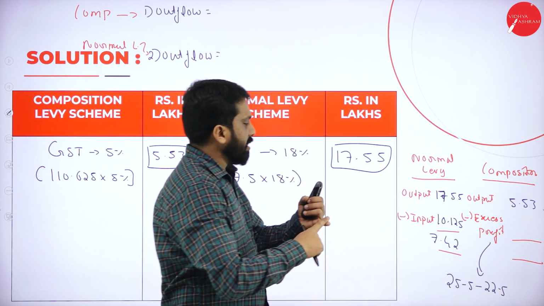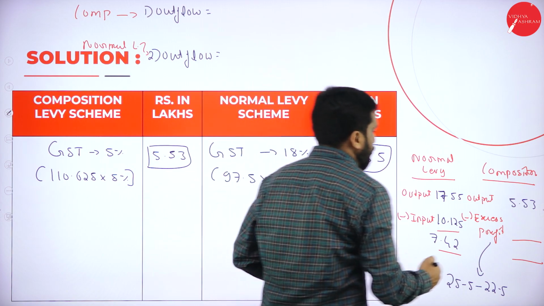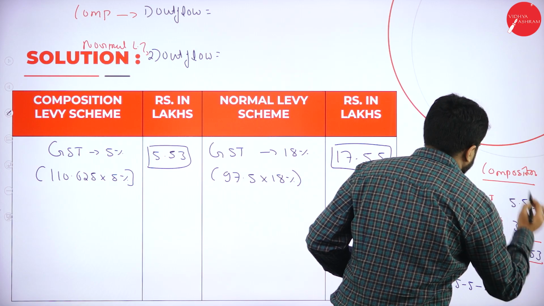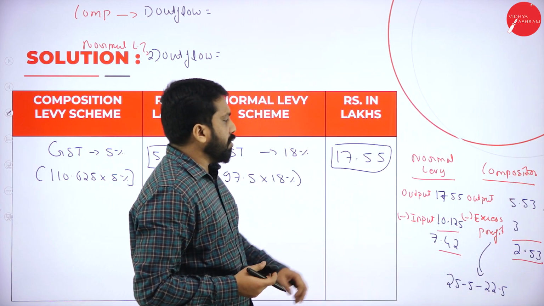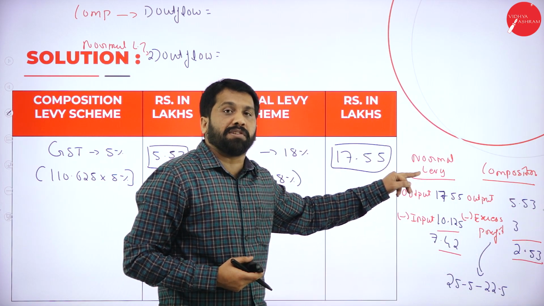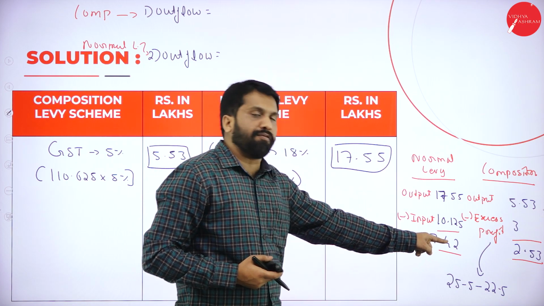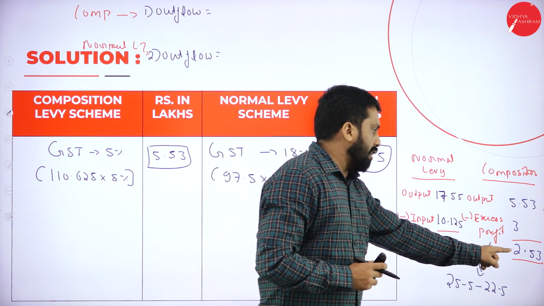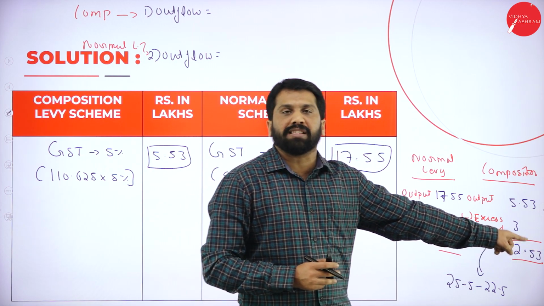The answer is 3 rupees. Your answer is 2.53. Now, if you go for normal levy scheme, how much you have to pay? 7 rupee 42 paise. If you go for composition scheme, you have to pay 2 rupee 53 paise.